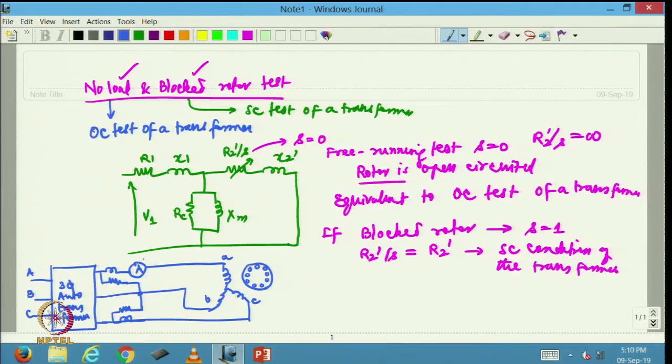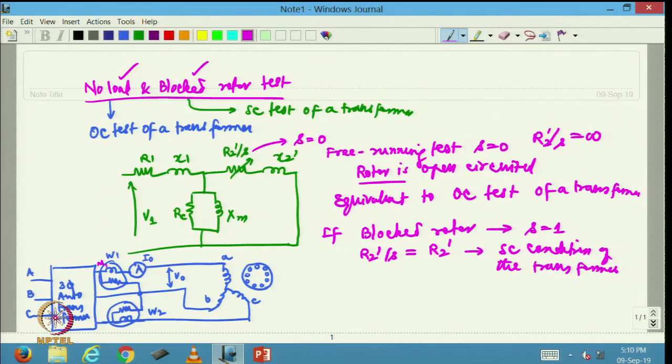Now, the ammeter measures the current I0, let us say, and I am going to measure the line to line voltage, which is V0, and I am going to measure W1 and W2. I can mention the terminals here.